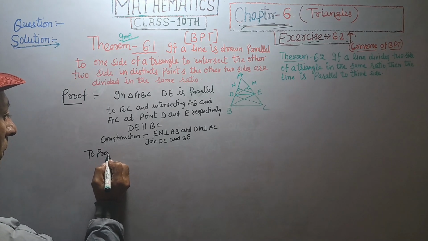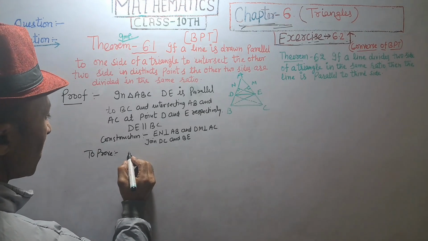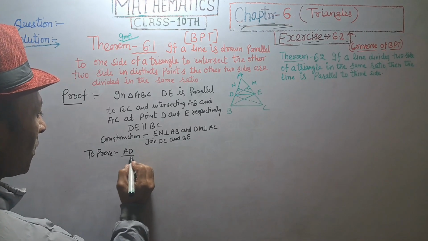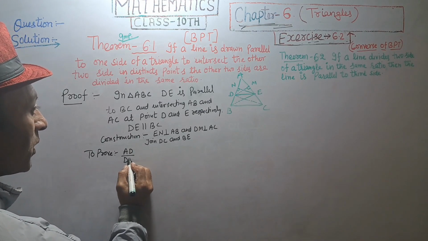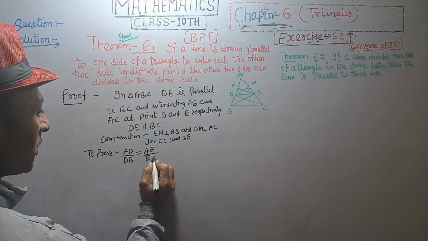To prove: AD upon DB is equal to AE upon EC.